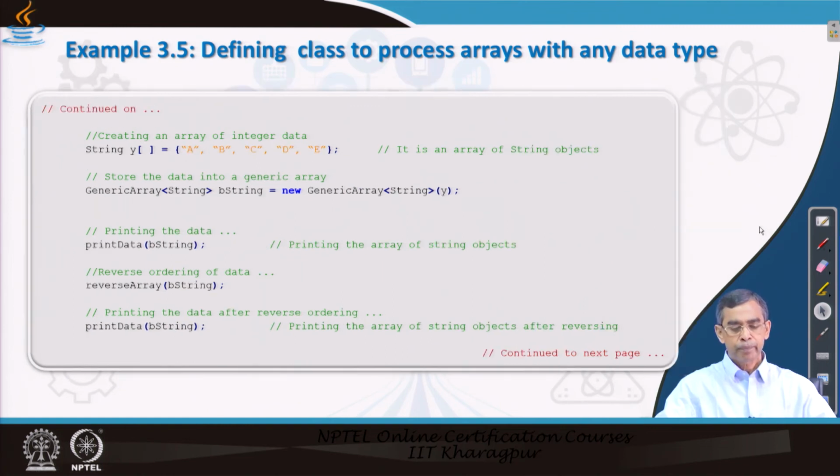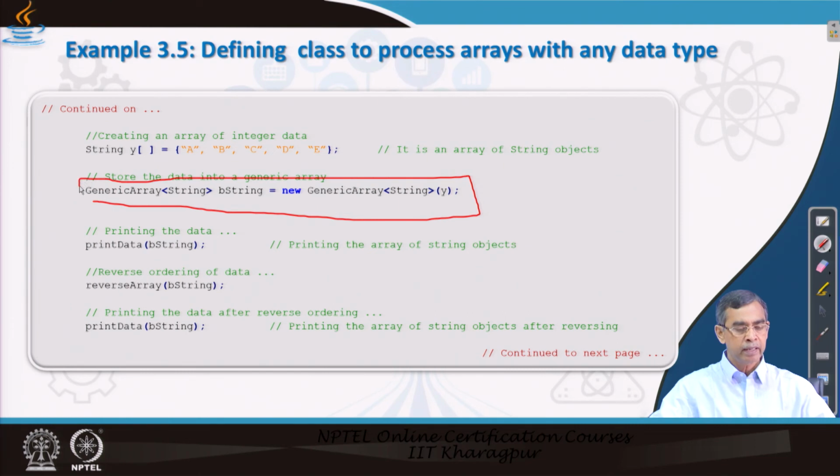For example, let us see how the same program works for String. So, this again runs the program, but for another type of array called String. Here the string array is declared.